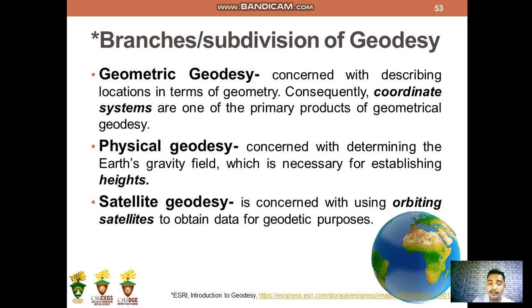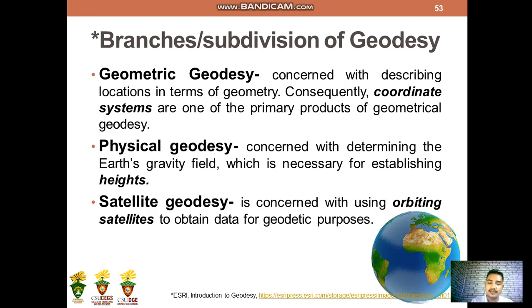From the orbiting satellites, we can communicate with them so that we can obtain data for our geodetic purposes, such as satellite images, and also for determining the exact location. That is what the GNSS receiver is used for. The GNSS receiver communicates with the satellites, and the satellites give data to the receiver to provide the exact location.